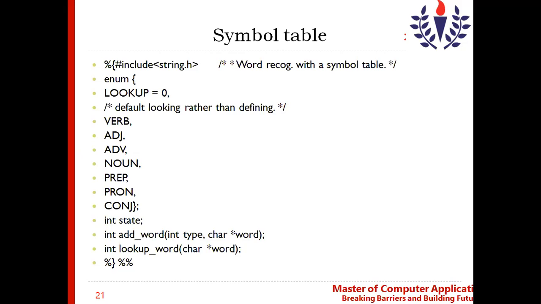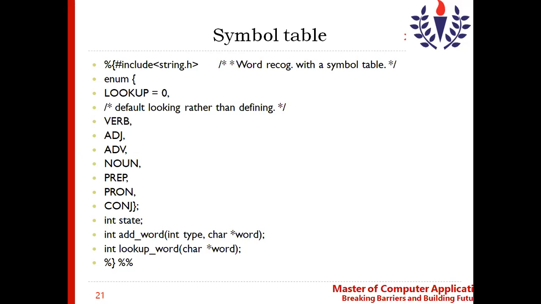We have the variable declaration state, which is assigned a value based on the type of the word. And we have two function prototypes: one is for add word and the other is for lookup word. In add word, two parameters are passed in order to add the word into the linked list: one is the actual word and the other is the type of the word.